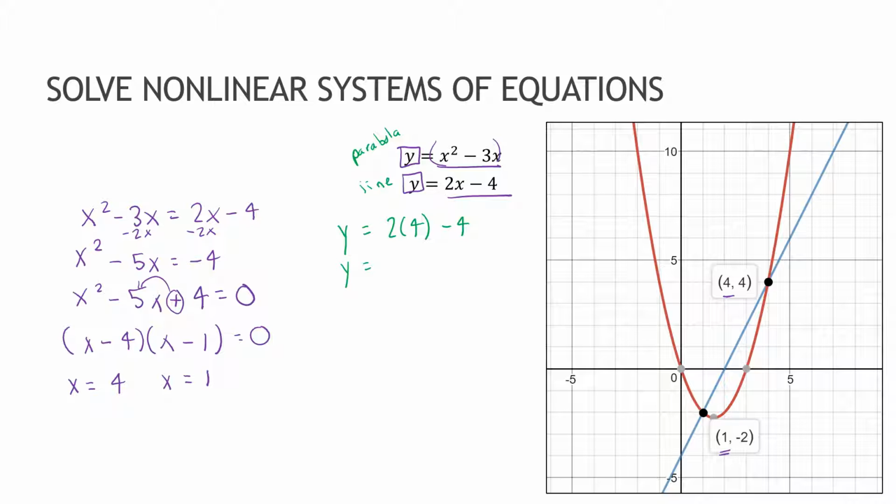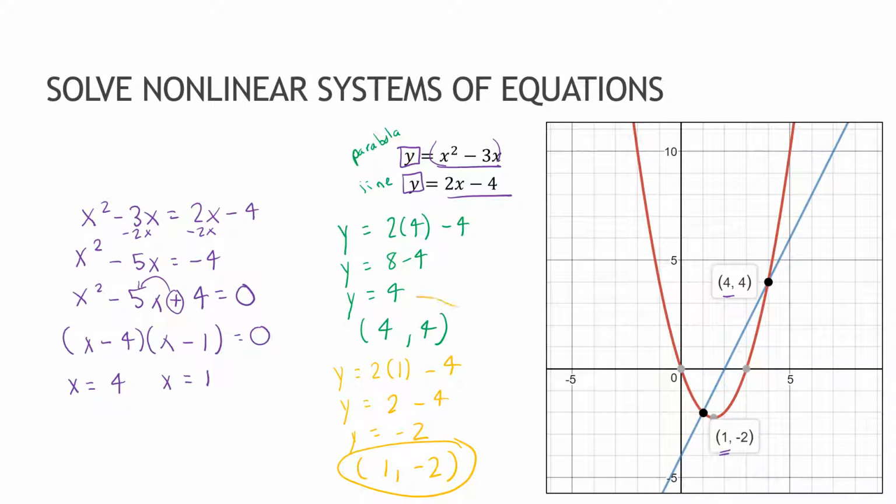So y equals 2 times 4, which is 8, minus 4. So y is 4, which means when I plugged in 4, I got 4 back out. And then do the same for the other x value. y equals 2 times 1 minus 4. So y equals 2 minus 4, y equals negative 2. So when I plugged in 1, negative 2 came out. So those are my two solutions to this nonlinear system.